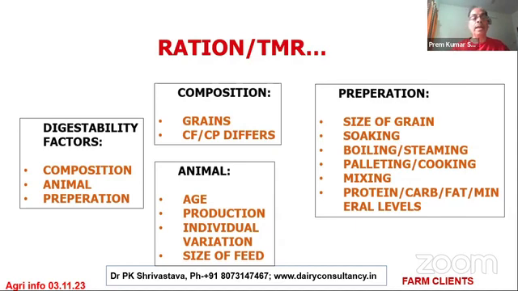You will find what are the factors responsible for this. The composition. It could be grain, it could be cakes, it could be bran, it could be proteins or crude proteins or something. These are the parts of the ration.